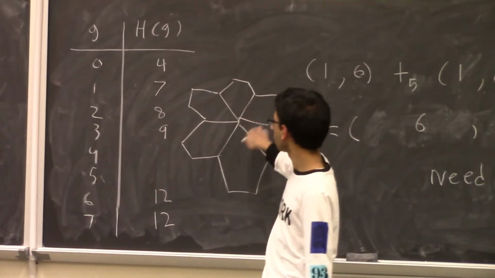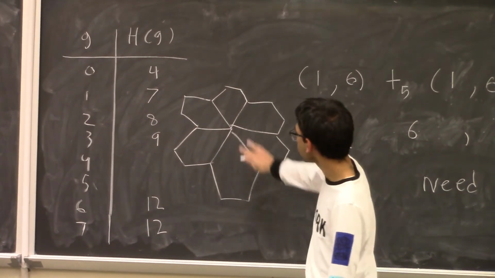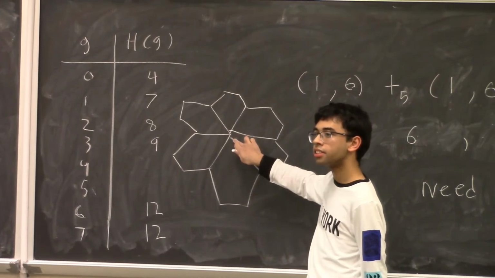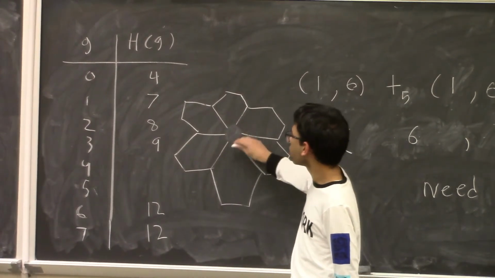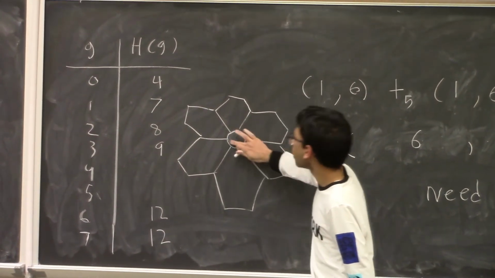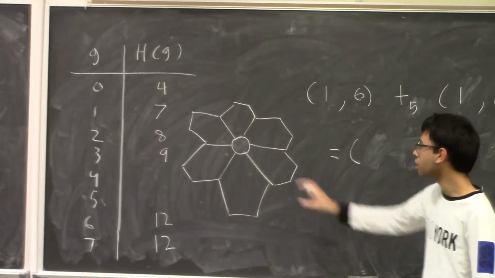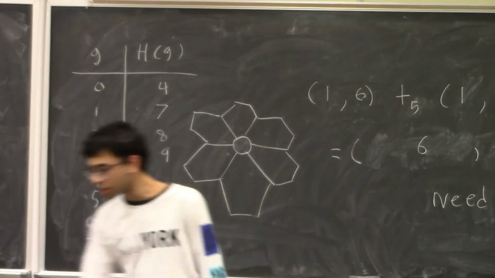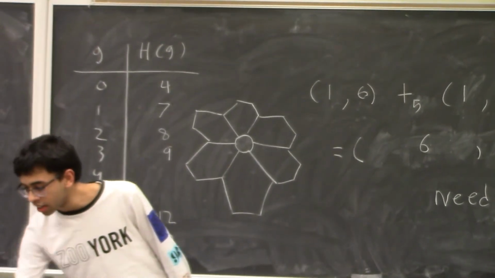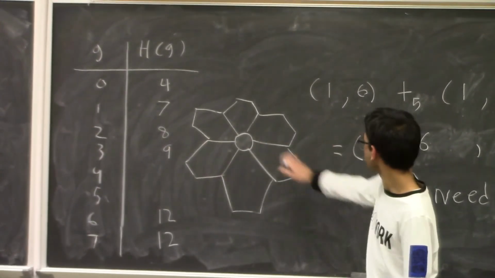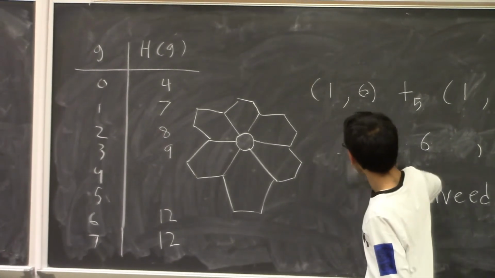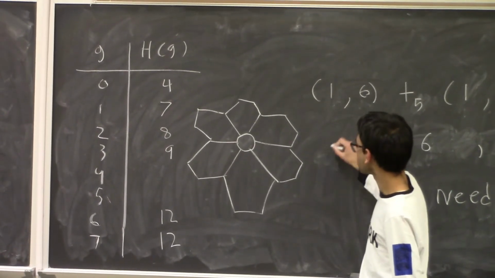So we have 6 pentagons meeting at a single point, and then we're going to take advantage of this single point right here to make a puncture. So we get a circle with all 6 regions on its boundary. And then we're going to do this twice, so we're going to have 2. Let me draw that quickly.